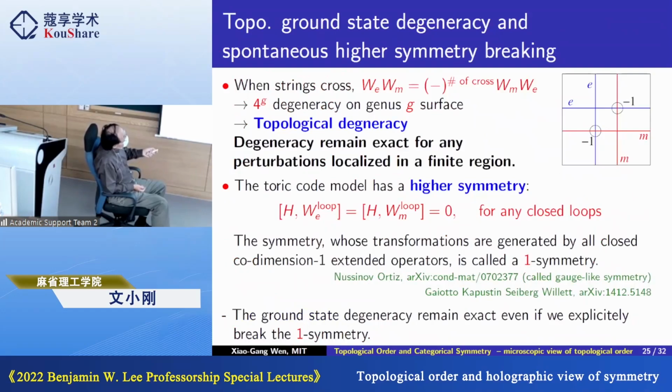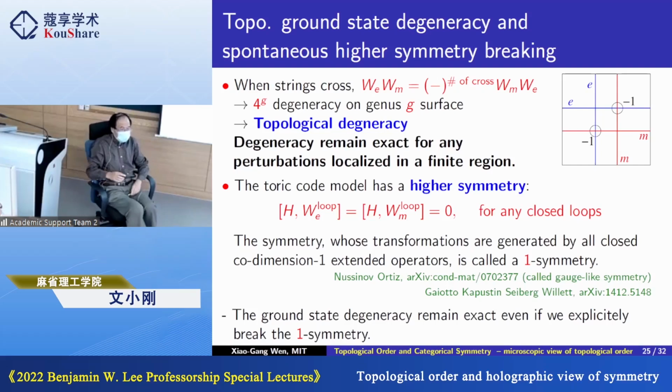And so this is some kind of symmetry. Then we can consider a long loop of E string which goes around the torus in one direction, and an M string going around the torus in the other direction. In this configuration, very interestingly, the E string and M string have only one intersection.